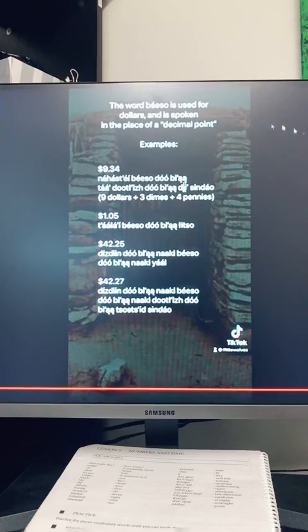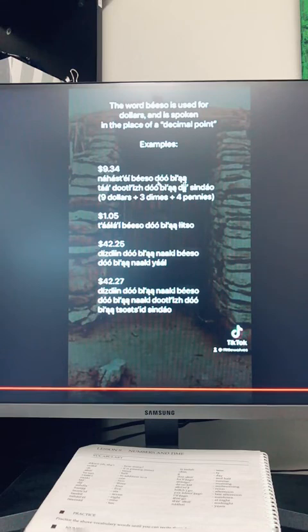Okay, so here we have examples of how you would translate dollar amounts. The word peso is used for dollars and is spoken in the place of a decimal point. Okay, so let's hear, for example, $9.34.